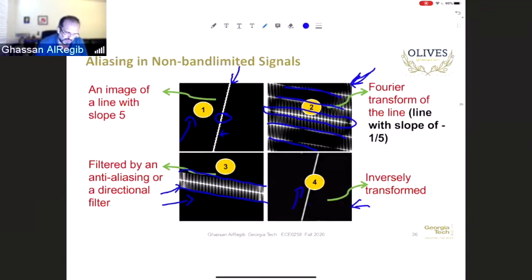Why? Because we apply what we call an anti-aliasing filter in here. And it's a very, very common practice in image processing. As soon as you really start processing the image, look at many of the codes out there. The first step is just one line to apply an anti-aliasing filter to get rid of all the sharp edges in the image, just to make sure we don't really deal with aliasing.